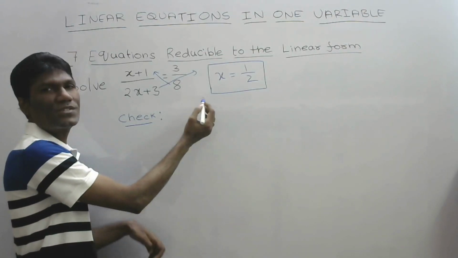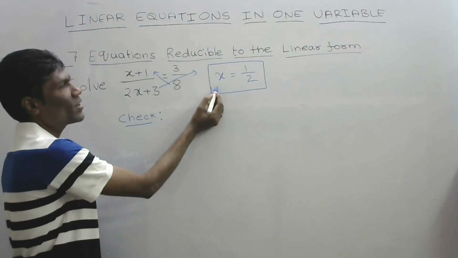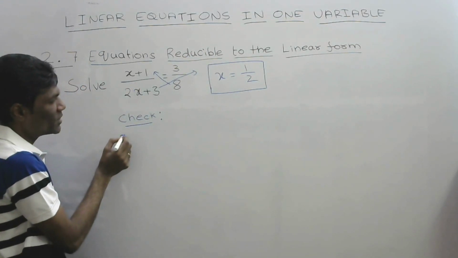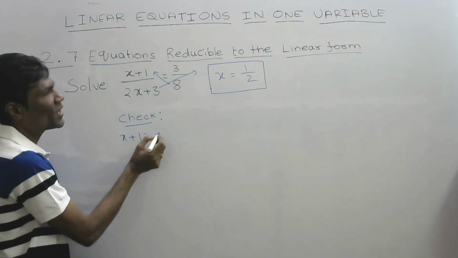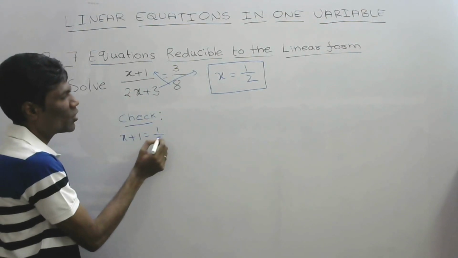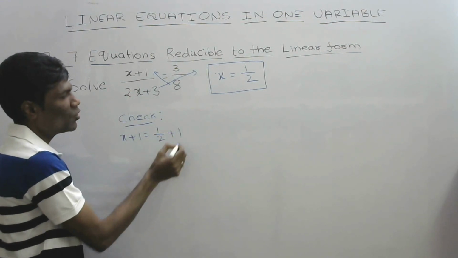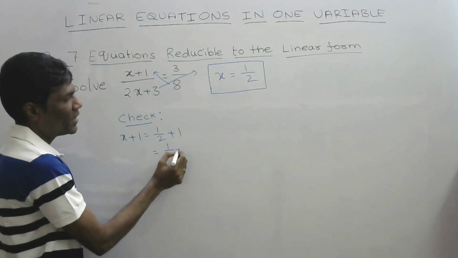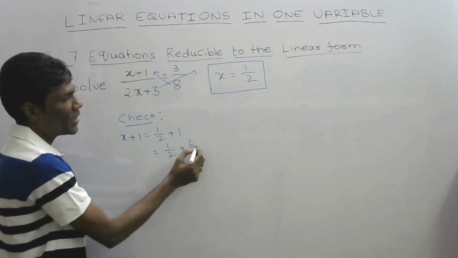Let us do checking. We got the x value as 1 by 2. Now, x plus 1, that is numerator. In place of x, we are going to put 1 by 2 plus 1. That is simple. So, 1 by 2 plus, we can write this as 2 by 2.